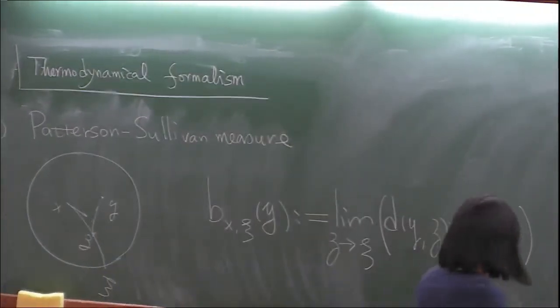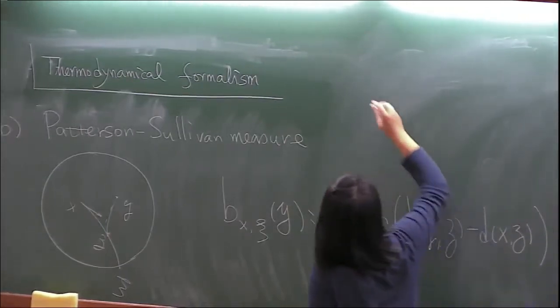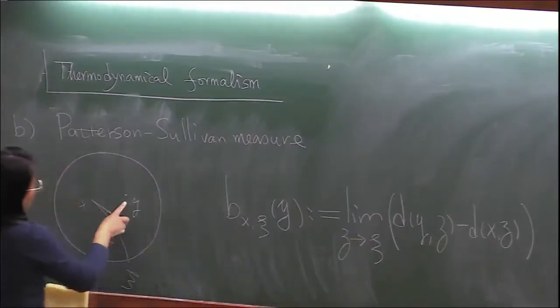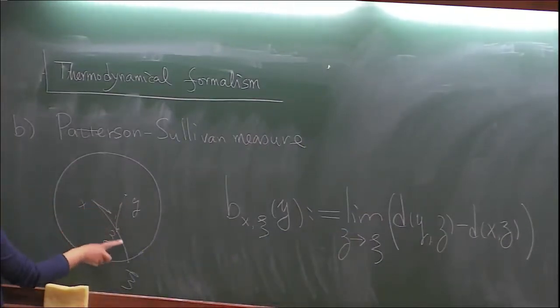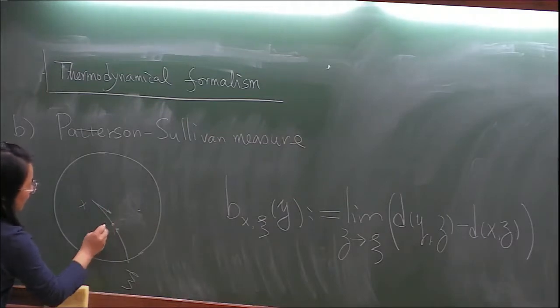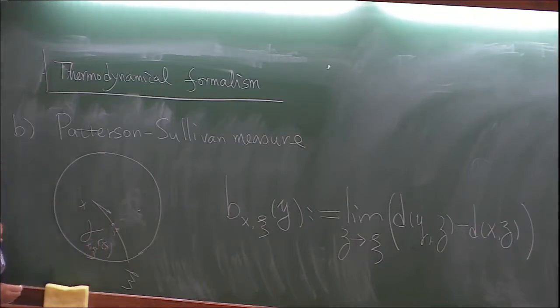So what's the advantage of this one? Okay, so one thing is that you see as this z goes along the geodesic in this direction toward this c. Say if this y is here, is gamma x c, this geodesic at time t.